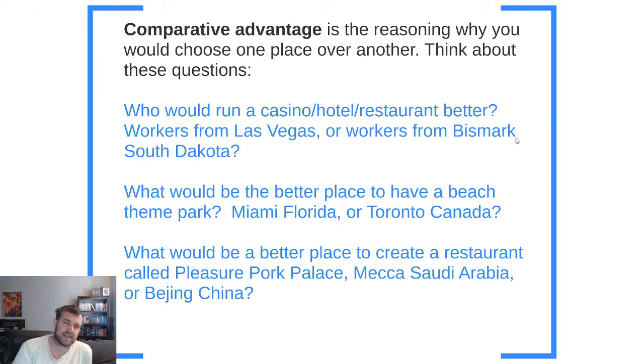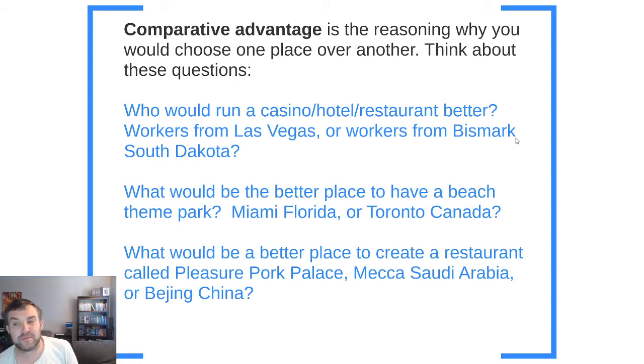Okay, comparative advantage. You should have already gotten this word from key issues or something else, but that's really the whole point of this lesson. It is the reason why you would choose one place over another. Why would you run a casino hotel restaurant in Las Vegas better than with people from Bismarck, South Dakota? Well, workers from Las Vegas are much more familiar with the world of casinos, hotels, and restaurants.